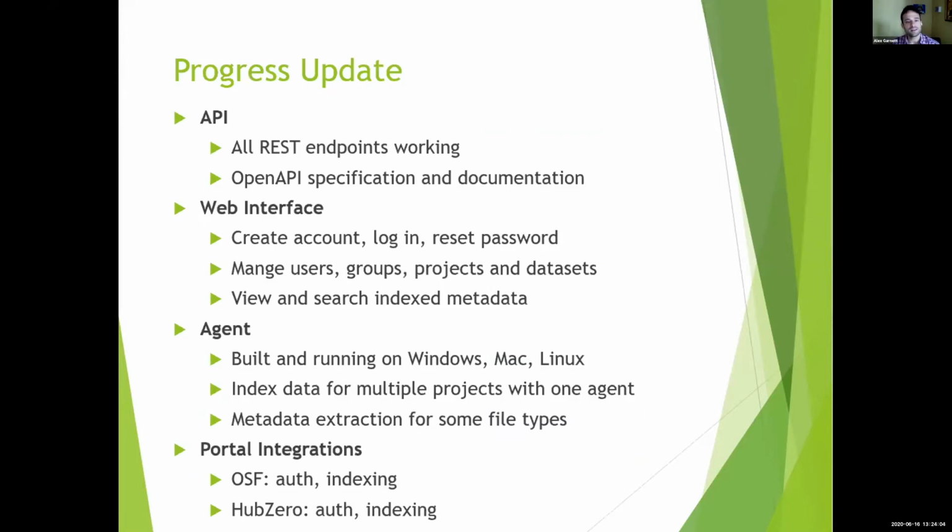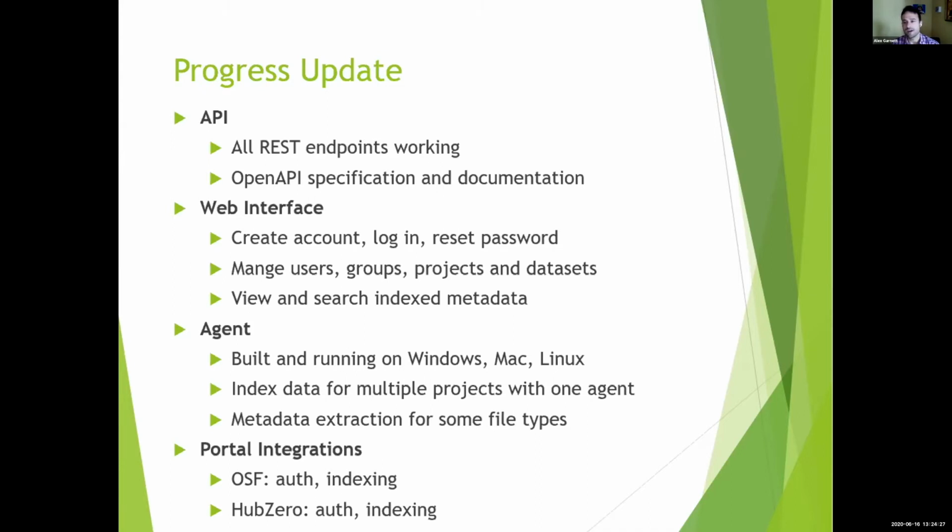So progress update. This is basically the state of the art at the end of the Canary funding. So our API specification is pretty much complete. You can log into Radiam, you can view projects, manage metadata, and so on. I'll demo that at the end of this slide deck very, very quickly. We maintain desktop clients for Windows, Mac, and Linux, both GUI and command line.